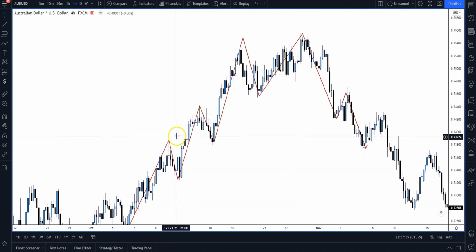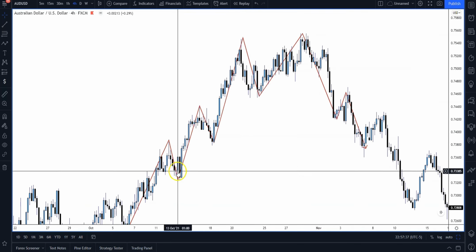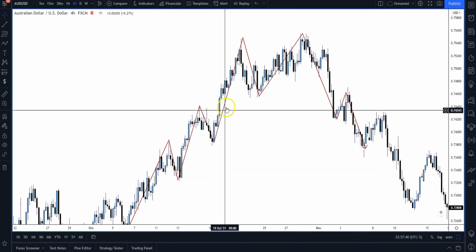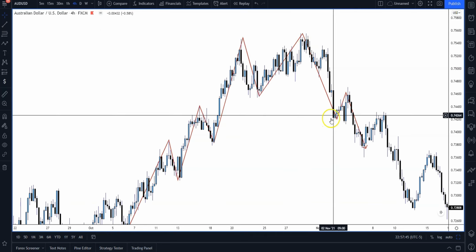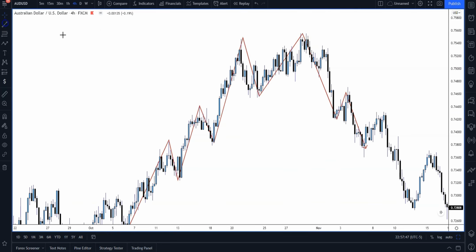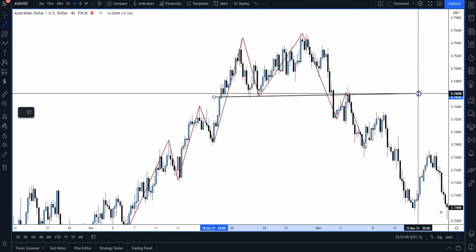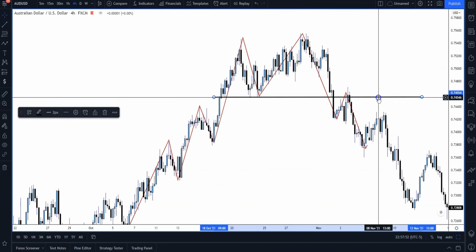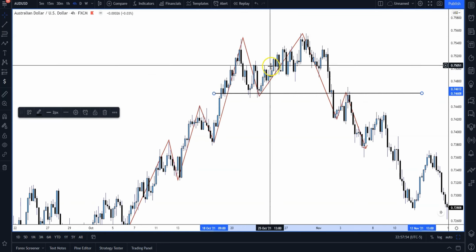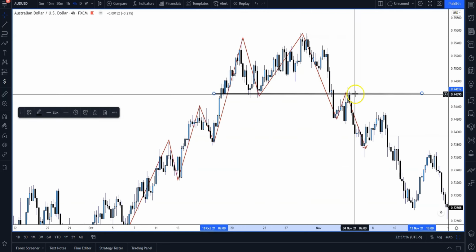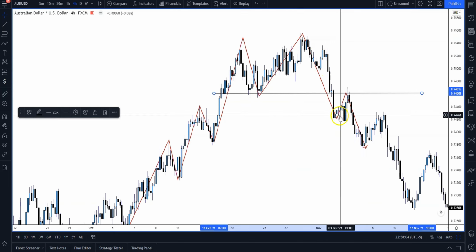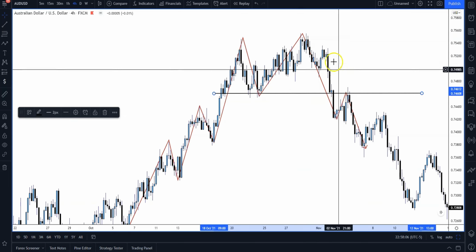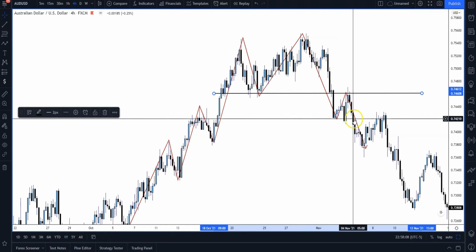See how you have a high, low, higher high, higher low, higher high, higher low, higher high, but then you have a lower low. This low is breached. If you're looking at a buy trend and the low is breached, then you have a reversal. If the low is breached and the next high is still lower than the previous high, you have a reversal.